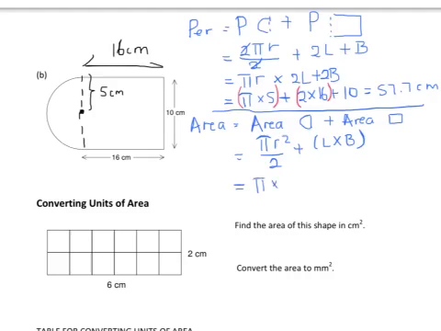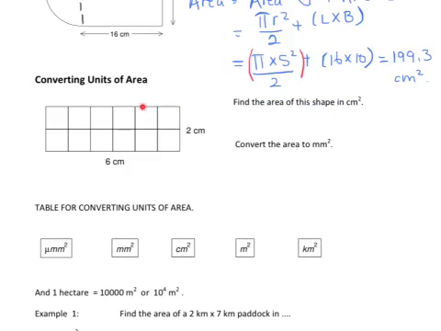So pi times 5 squared all over 2 plus 16 times 10 in brackets. Don't forget the brackets if you're putting it into your calculator all in one step, and you'll have an answer of 199.3, and remember now it is square measure, so centimetres squared.